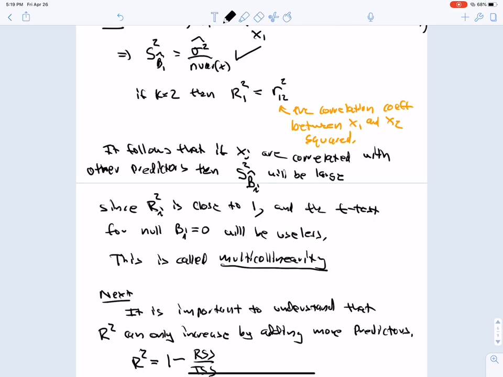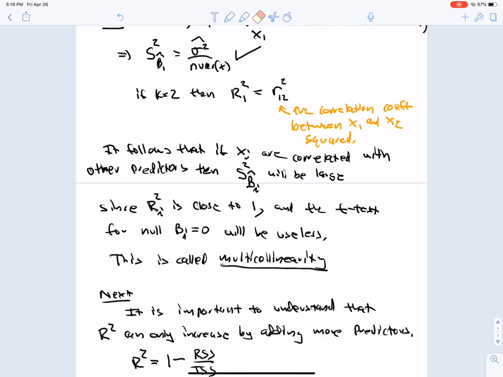So to recap, if you have multicollinearity, you have some correlation between your predictors. What that means is that you may end up rejecting the null according to the F statistic, but the F statistic won't tell you which of the beta i's are statistically greater than 0.